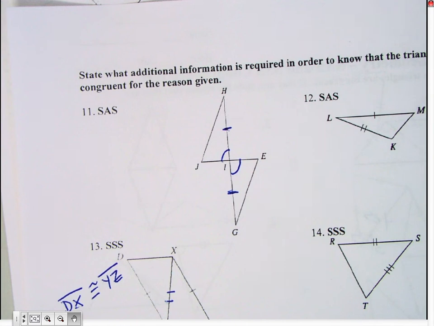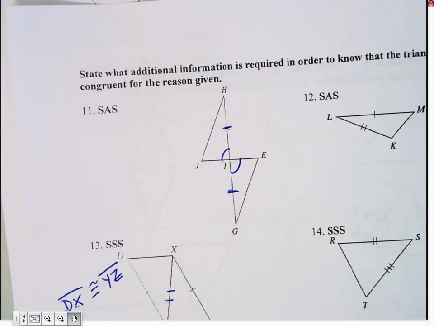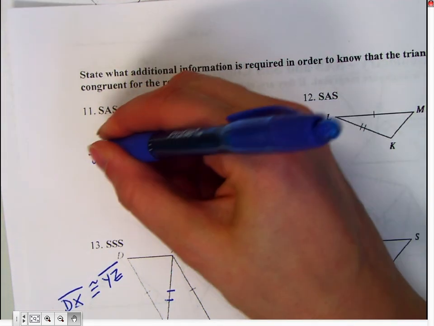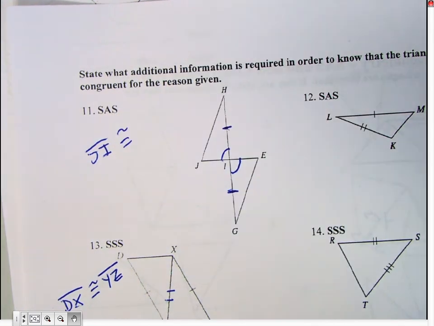Vertical angles. Remember, it makes an X. See the X right here? They're congruent to each other, so vertical angles. Okay, so I have a side and an angle already. What other side do I need to make it side, angle, side? You need JI, and it has to be congruent to EI, or IE.